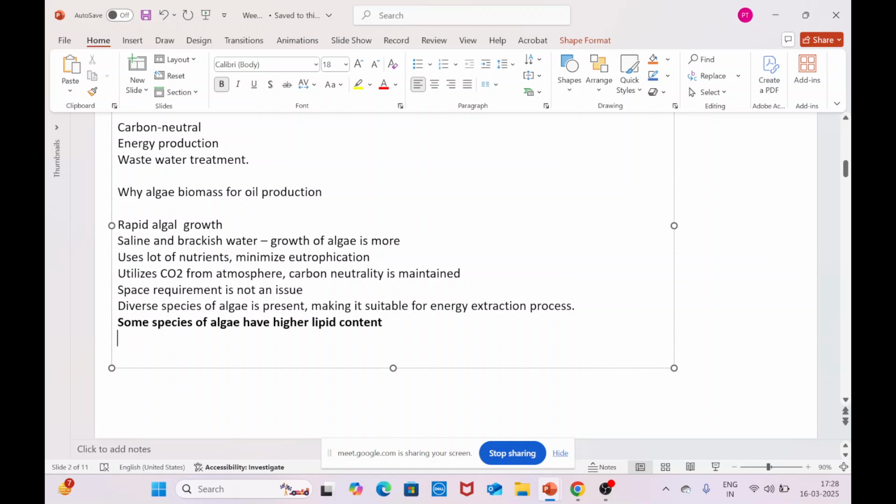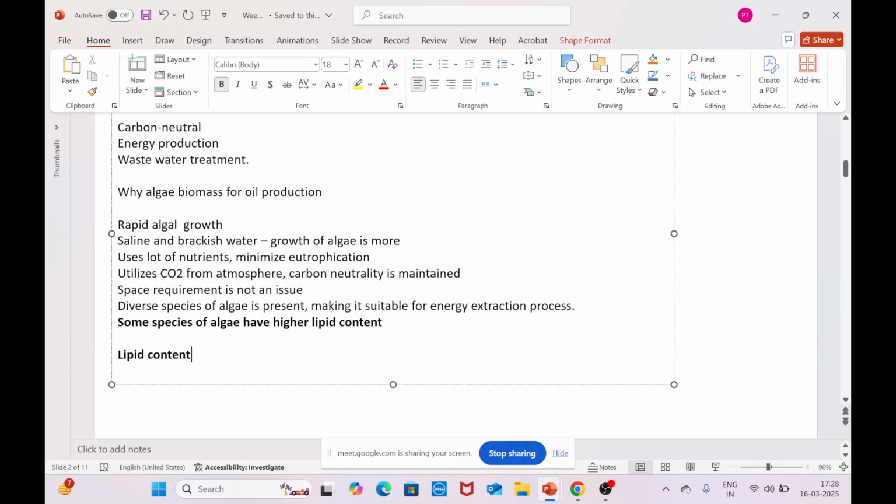The other metabolites that get generated in the process, like carbohydrates and other substances, are also used for energy production, but the lipid content is responsible for the upgradation of biodiesel.